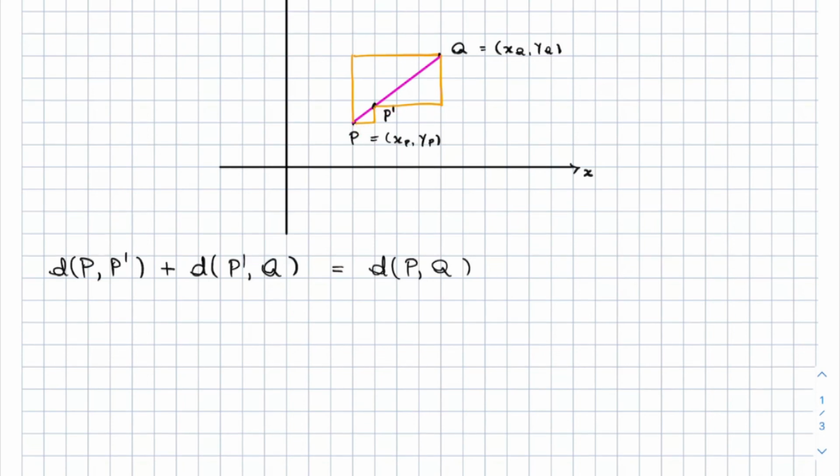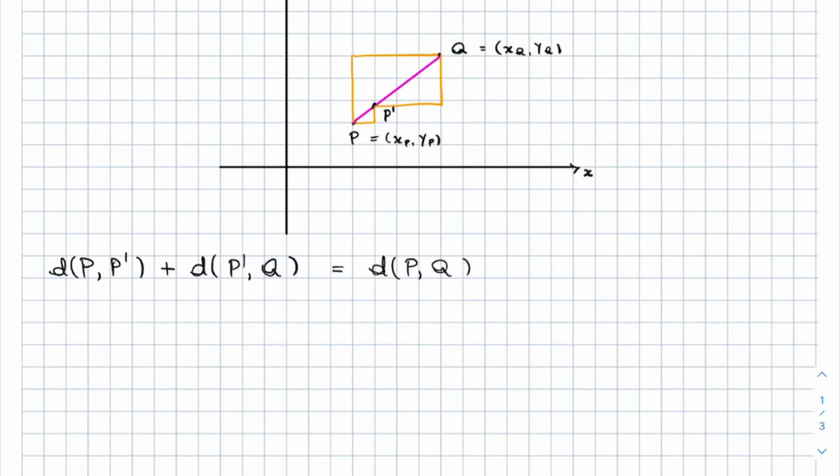And in the same way, the length of this side is the sum of this length and of this length, which means that the sum of the length of the segment connecting P and P prime, which is the hypotenuse of this right triangle, and of the segment connecting P prime and Q, which is the length of the hypotenuse of this right triangle, must be equal to the length of the hypotenuse of this big right triangle, which is exactly the length of the segment connecting P and Q.